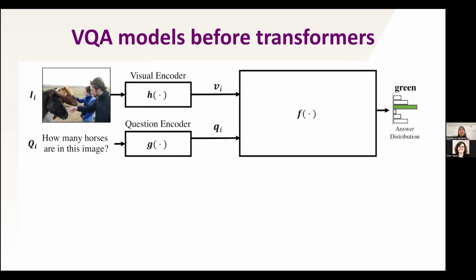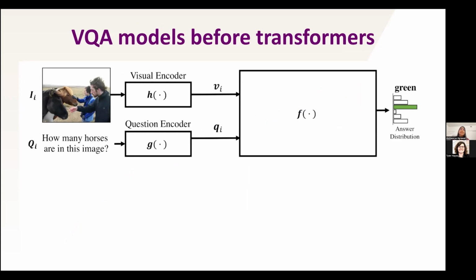Yeah, so let's take a quick tour of this progress in terms of the evolution of models. This is how a typical VQA model used to look before the era of pre-training and transformers.